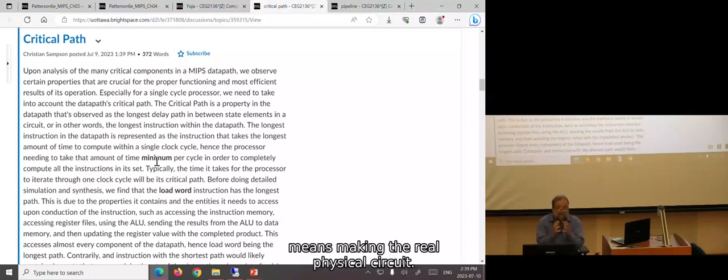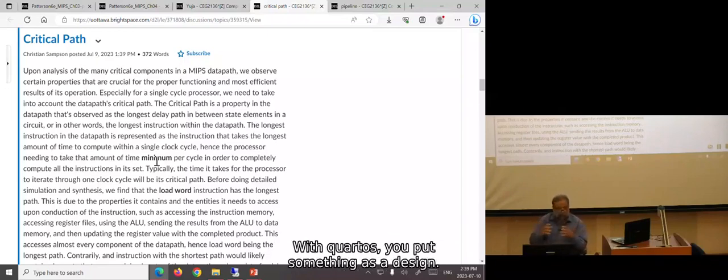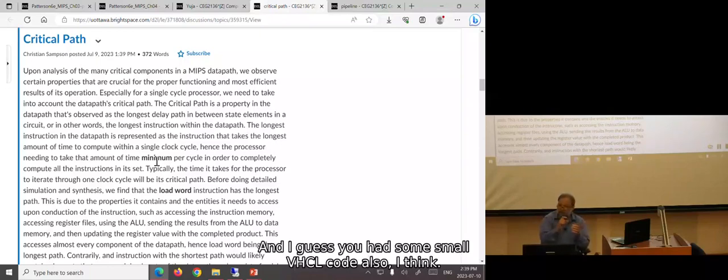Synthesizing means making the real physical circuit. For example, in your lab, you are using Quartus. With Quartus, you put something as a design. Up to now, you were using a schematic entry, and I guess you had some small VHDL code also, okay?